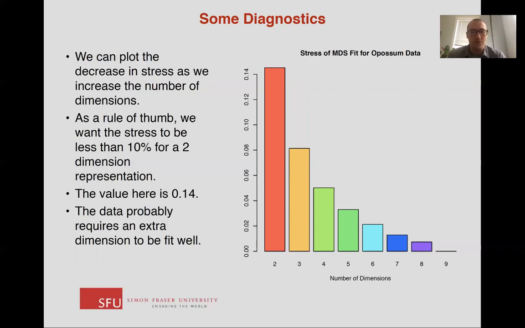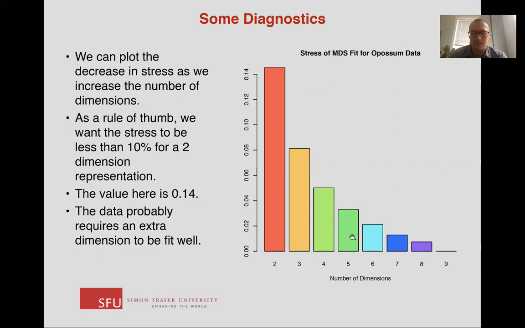And so this shows what I've done: I fit the stress for different Ks, or in this case Ls. We called that L earlier. That's the number of dimensions in the reduced space. Okay. And we see that the stress when I had 2 dimensions is about 0.14, so 14%, and it drops off pretty quickly.